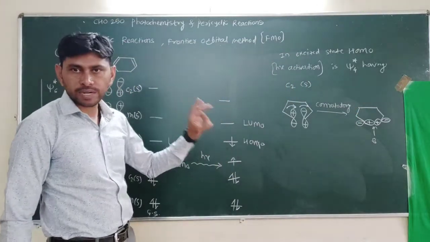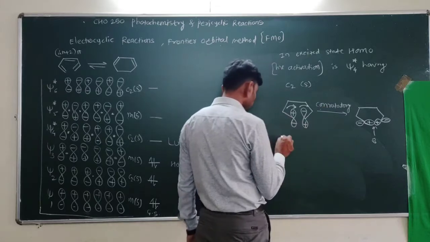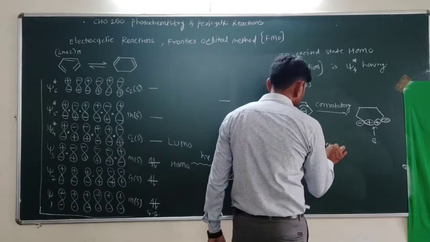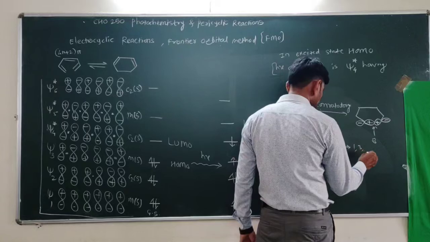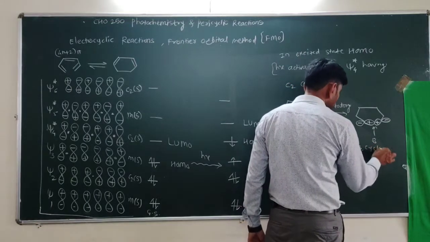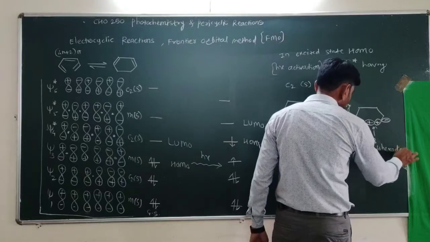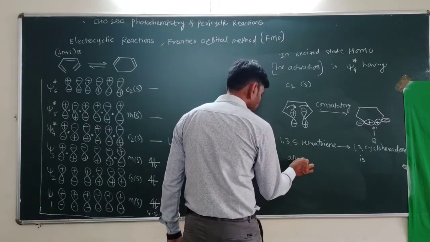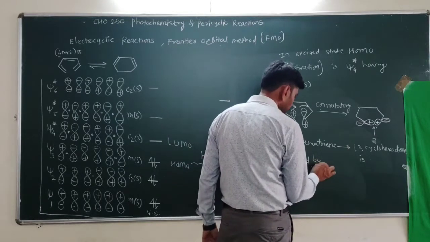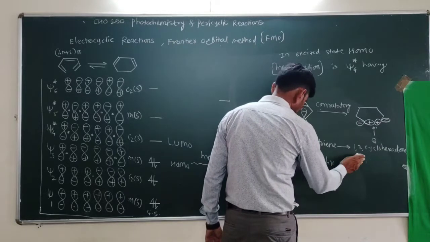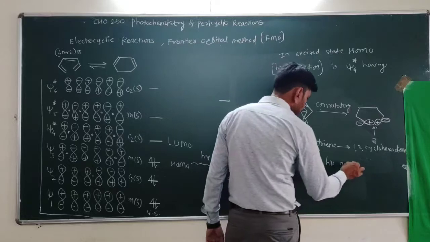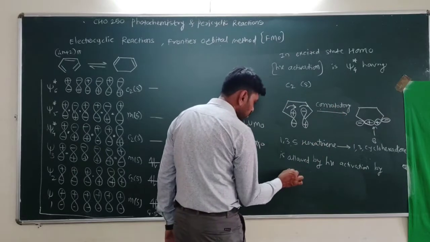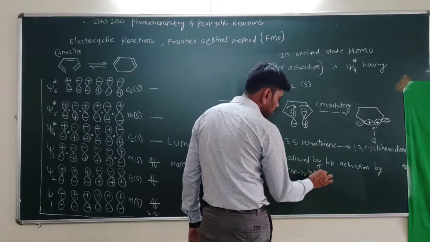By disrotatory motion this reaction is symmetry forbidden, but by conrotatory motion the conversion of 1,3,5-hexatriene to 1,3-cyclohexadiene is allowed by photochemical activation.